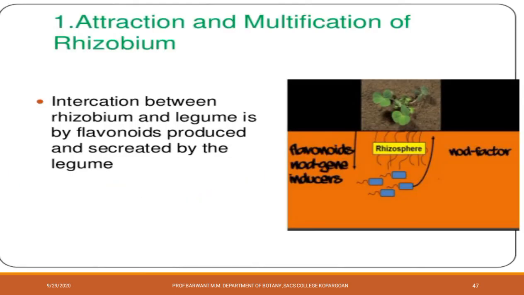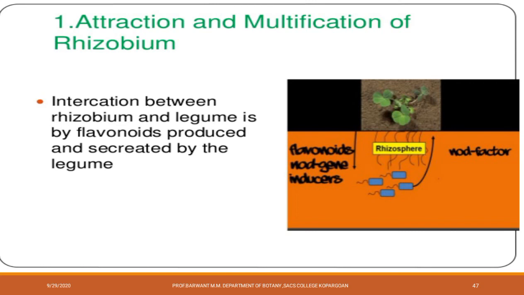Let's see the steps. The first step of nitrogen fixation by rhizobia is the attraction and multiplication of rhizobia. The interaction between the rhizobium and the legume begins with flavonoids secreted by the root hair.